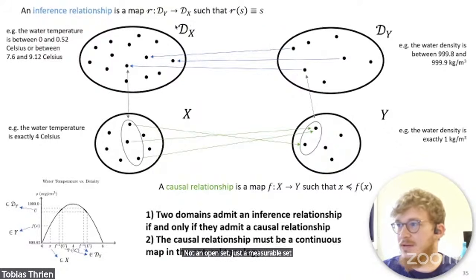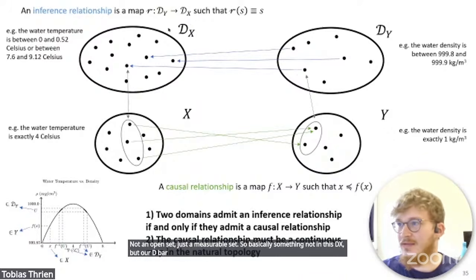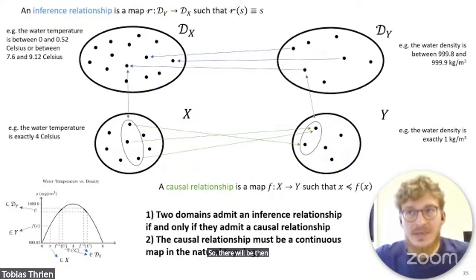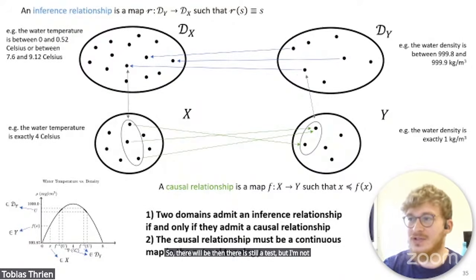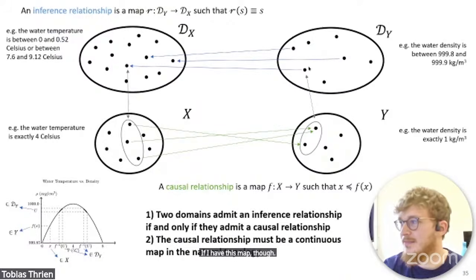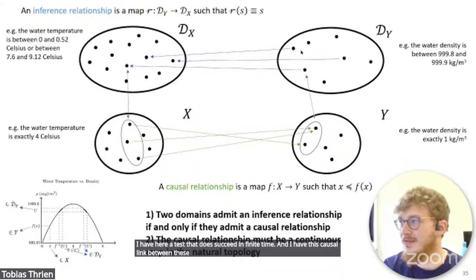So basically something not in this dX, but our d bar X. There is still a test, but I'm not sure if it finishes in finite time. If I have this map though, then I have here a test that does succeed in finite time, and I have this causal link between these two spaces. So I can just use this test here.